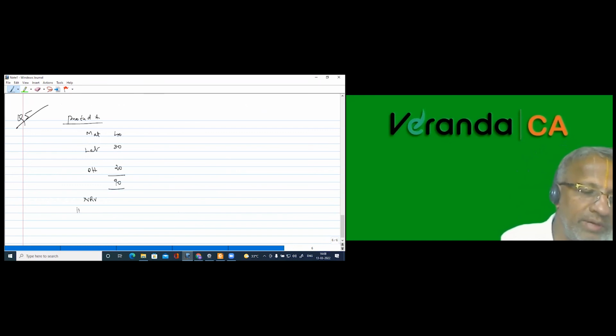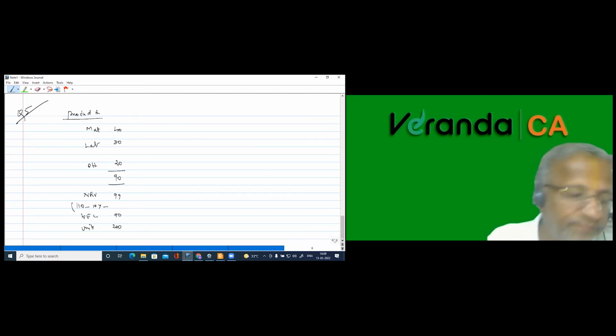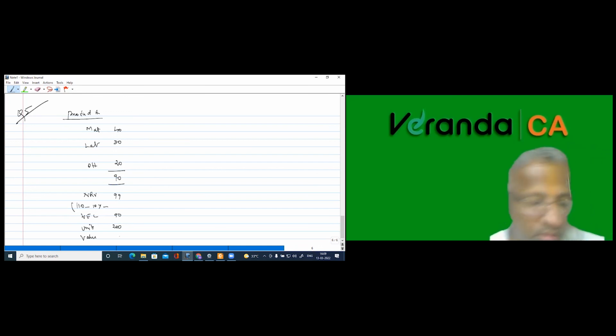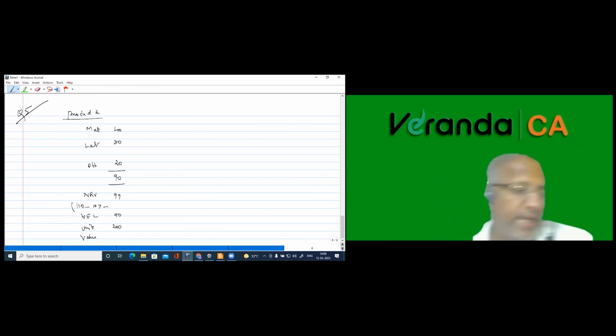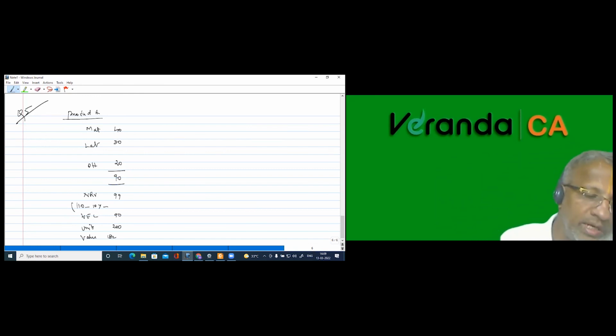Net realizable value is 110 minus 10, that is 100. Whichever is lower, 90. Number of units 200. So stock value is 90 into 200, 18,000.